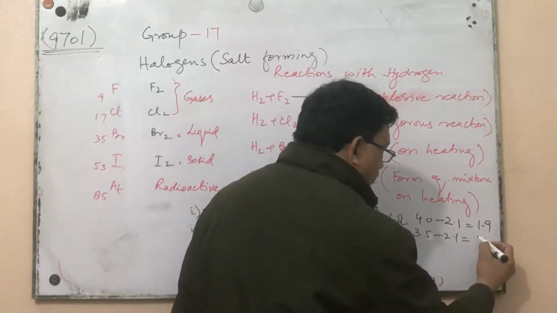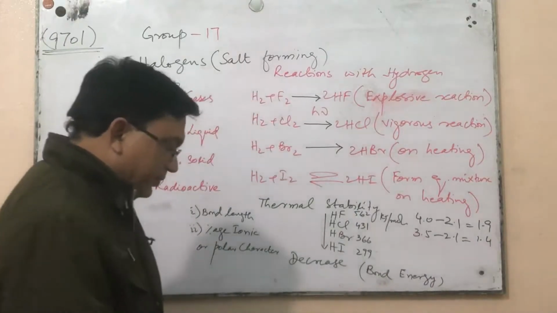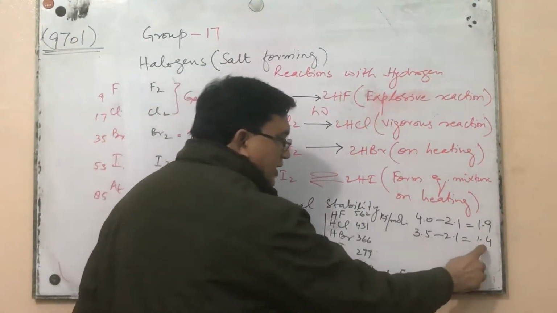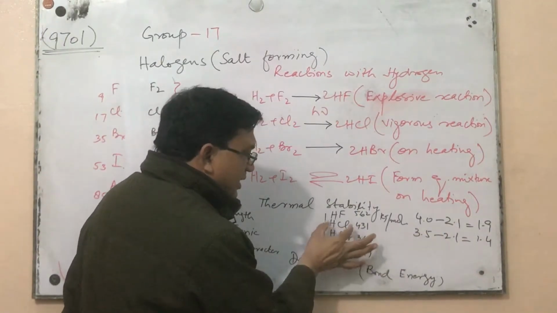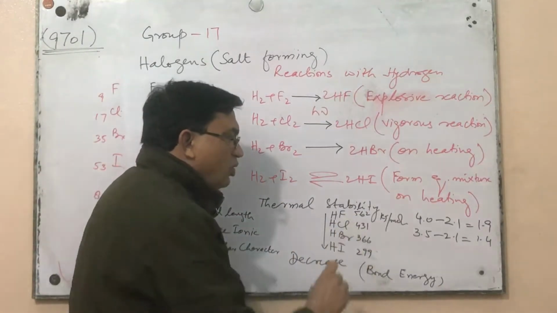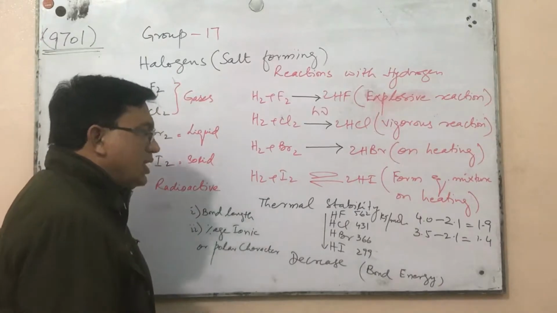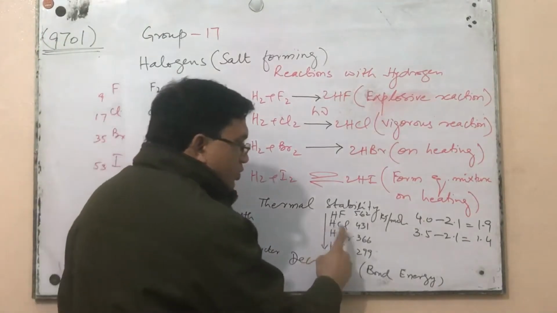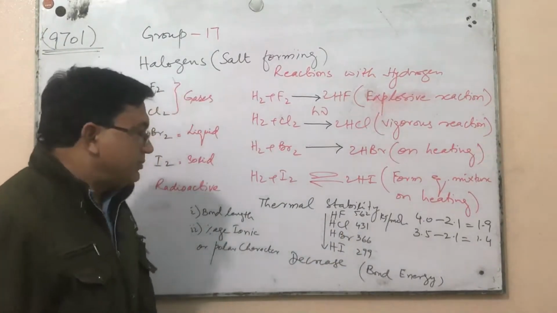The difference is 1.4. It means that the electronegativity difference decreases, polarity decreases, charges decrease, force of attraction decreases. That's why a lesser amount of energy is required to decompose the molecule of HCl. So the bond energy decreased to 431.